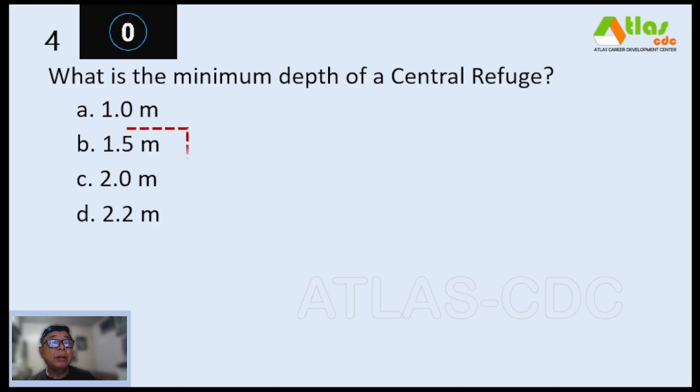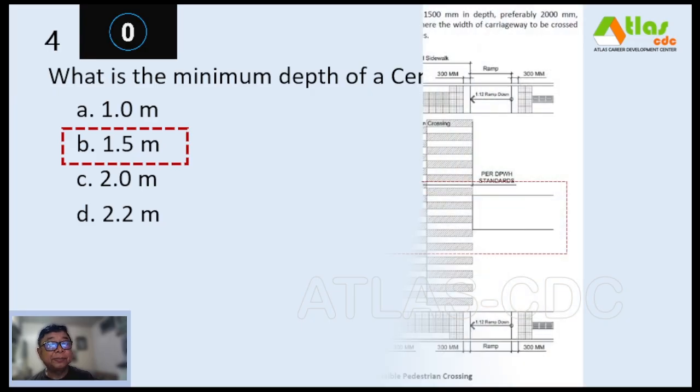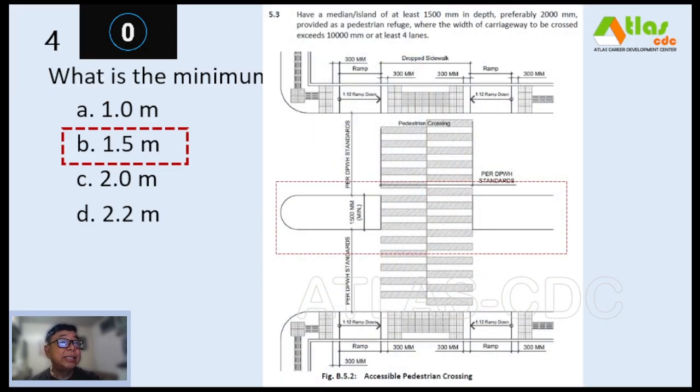And our correct answer is letter B, 1.5 meters. So this is the central refuge. If you have a median island of at least 1.5 meters in depth, but preferably 2 meters, provided as a pedestrian refuge where the width of carriageway to be crossed exceeds 10 meters or at least 4 lanes.